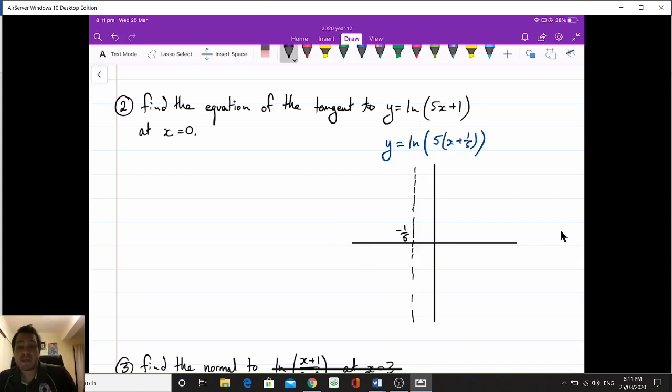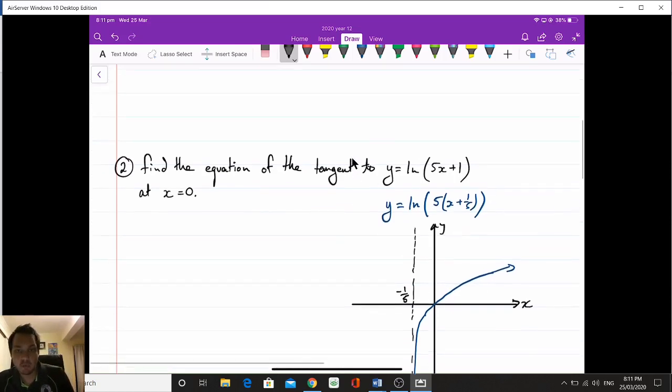Okay, and now the other thing is, this graph is going to go up like this. Normally from the asymptote, the graph would go across and be 1 across to where it hits the x-axis.